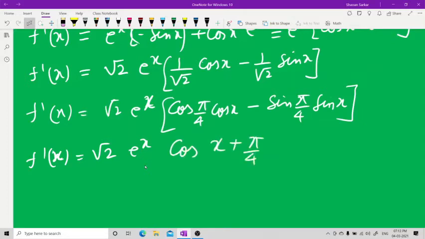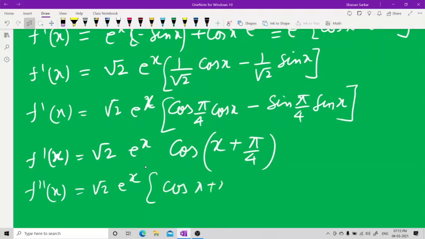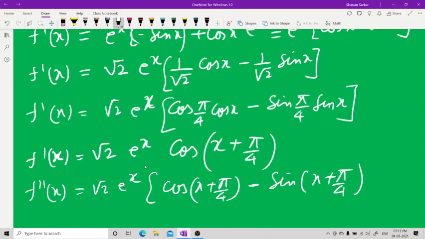Now again doing the same process, for f double dash x, I will have under root 2 e to the power of x, and in the same way I'll have cos x plus pi by 4 minus sin x plus pi by 4.